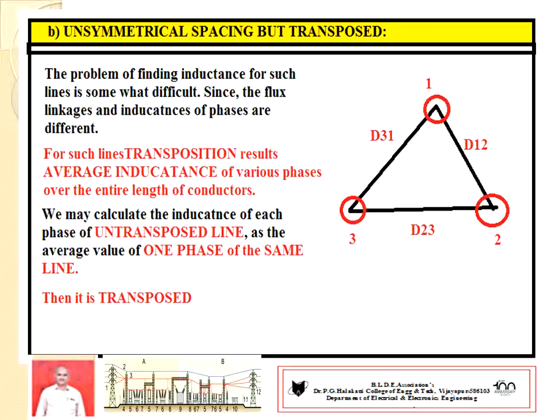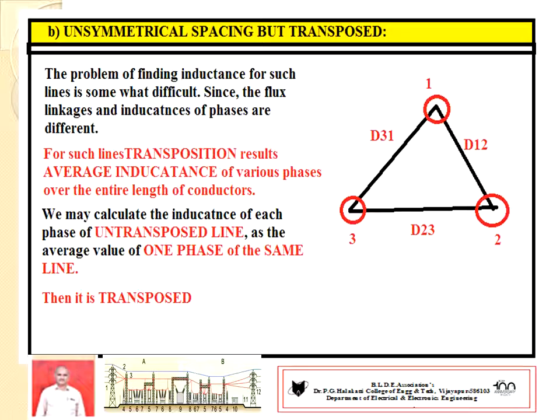Second condition is unsymmetrical spacing but transposed. In the previous condition, it is observed that distance between conductors is the same, d. But here, as per this arrangement of three-phase lines, you see there conductor 1, conductor 2, conductor 3 are having unequal spacings.